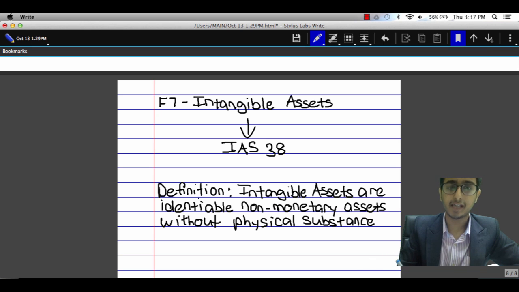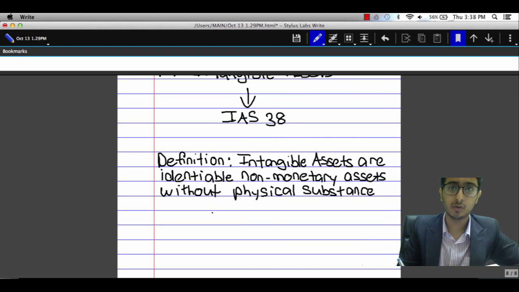By the ACCA definition, intangible assets are identifiable non-monetary assets without physical substance. In other words, these are non-current assets which cannot be touched.